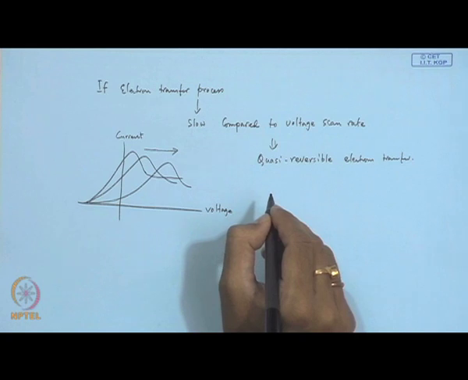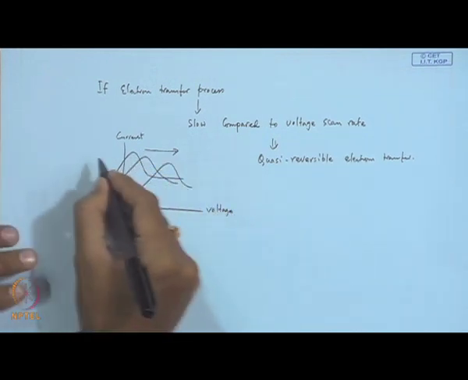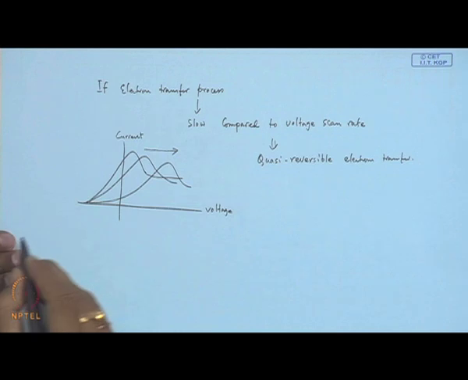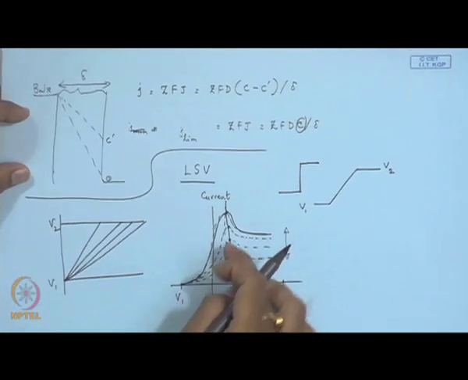So if the electron transfer process is slower, then it is shifting this way. Okay. So, that will give you the idea of whether the process is reversible or irreversible, I mean quasi reversible. So, you change the scan rate, and if you get a curve like this one, no change.